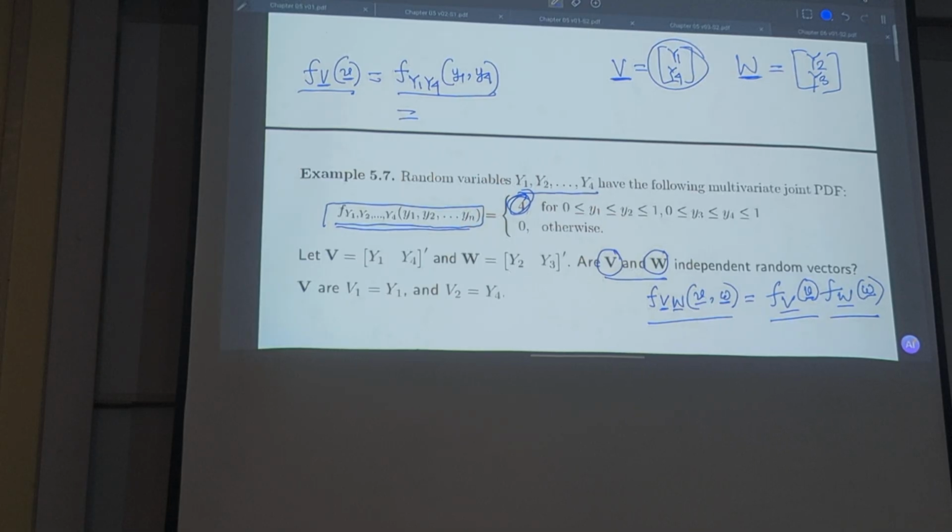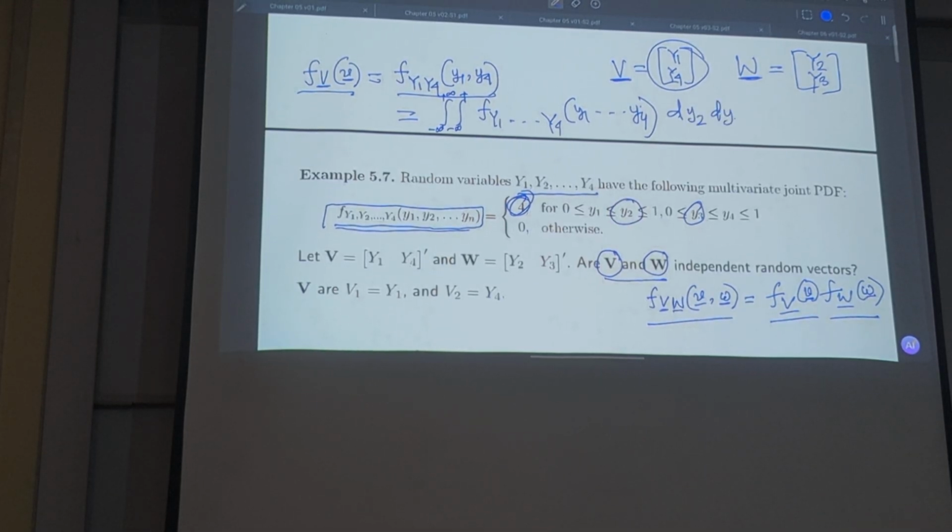Out of 4 random variables, we are marginalizing 2 random variables. To get this one, for all values of y1 and y4, we need to integrate with respect to the other random variables, right? So now the only challenge is setting the limits.